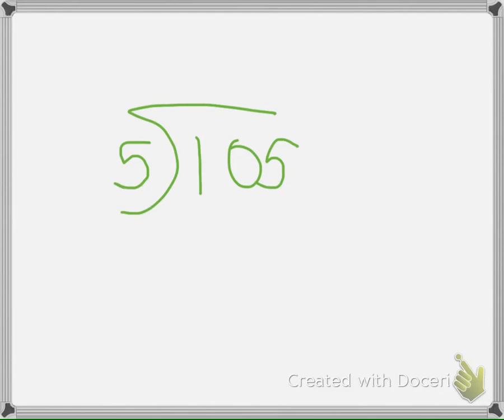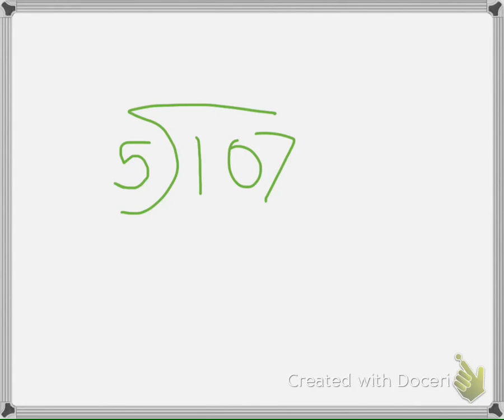Okay, 5 times what equals 105? But nothing can equal 105. Oh, you wanted one that didn't equal? Then that works. So change it to 107.